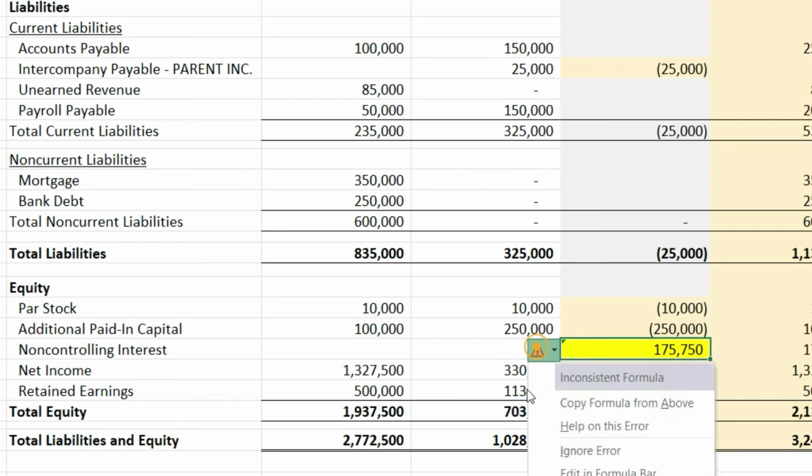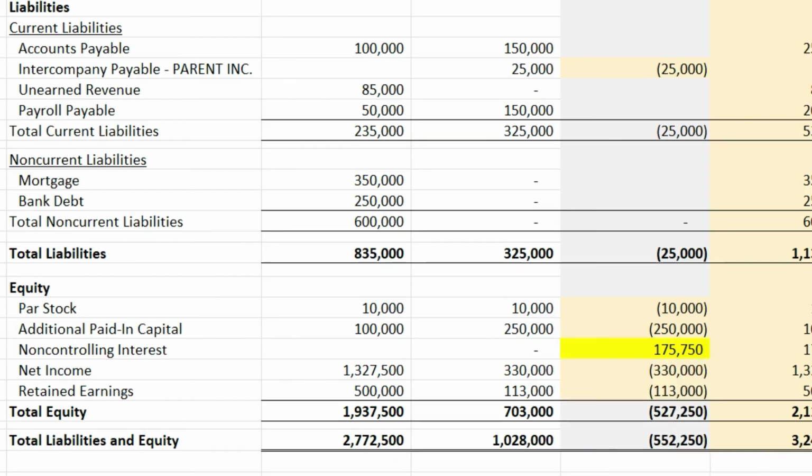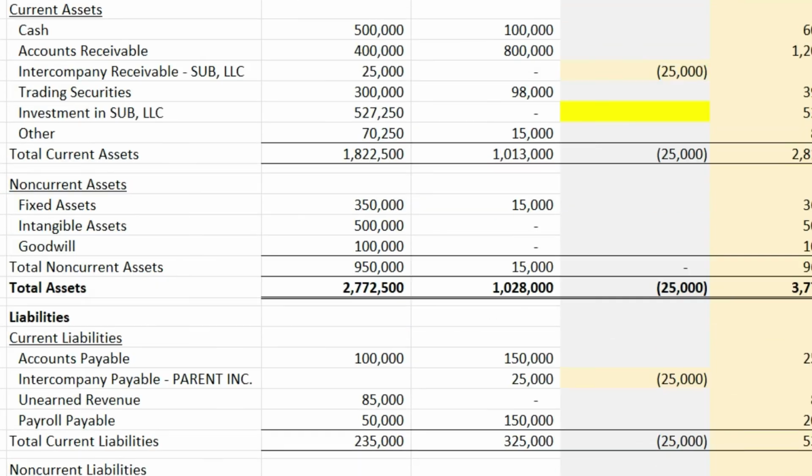entity, sub LLC, in your books, but you don't own 100%, so you need to reflect the portion of net assets or their equity that you do not own. And you'll notice our difference now is the investment in sub, and we're going to eliminate that, and we're going to balance.